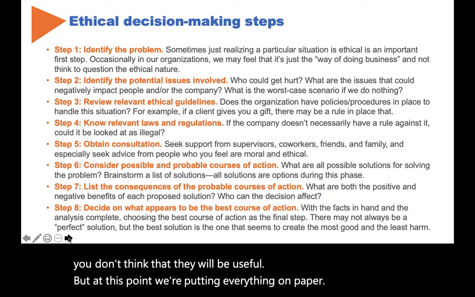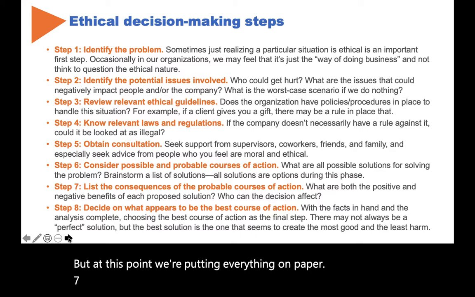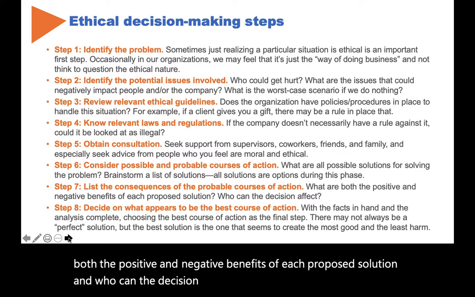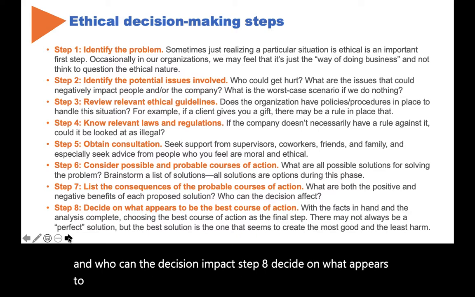Number 7, list the consequences of the probable courses of action. What are both the positive and negative benefits of each proposed solution, and who can the decision impact? Step number 8, decide on what appears to be the best course of action. With the facts in hand and the analysis complete, choose the best course of action.